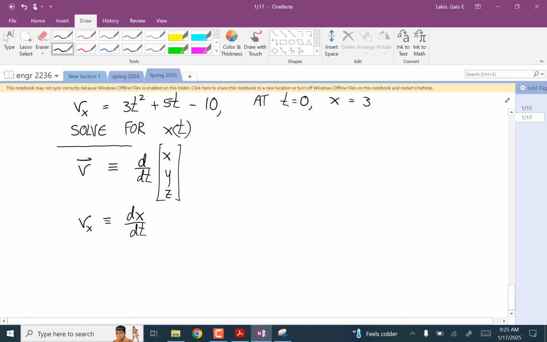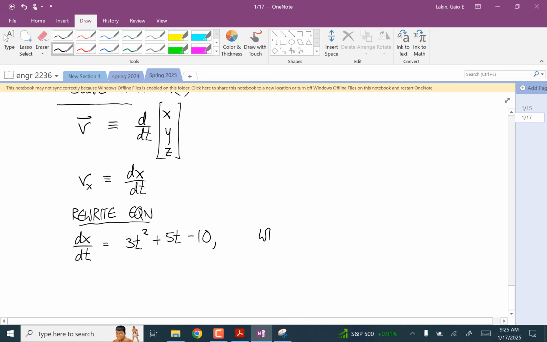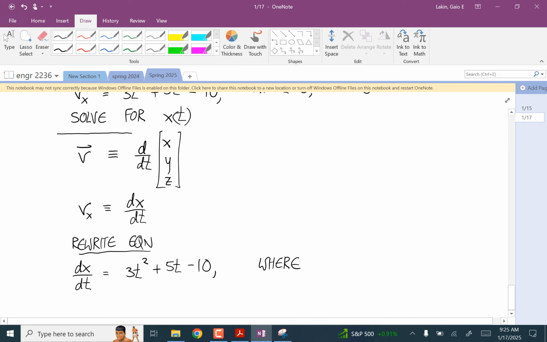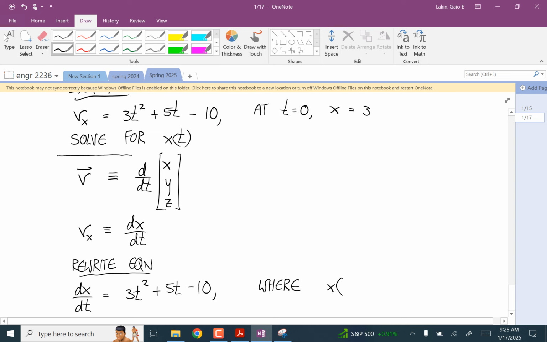So I'm going to rewrite this, and just replace the x component of the velocity with this expression, dx dt. So we have dx dt is equal to 3t squared plus 5t minus 10, where another way of saying this is that x at time equals 0 is equal to 3.